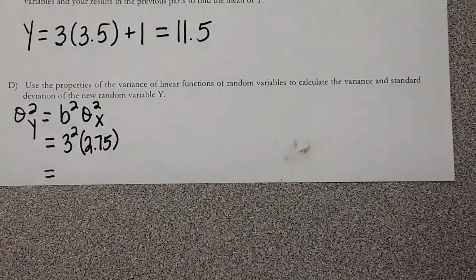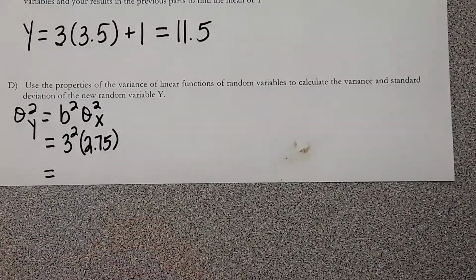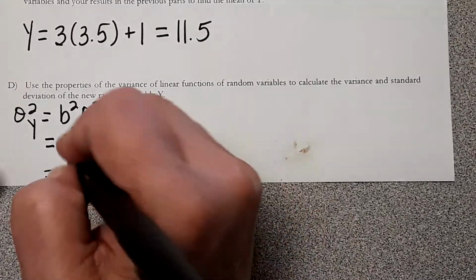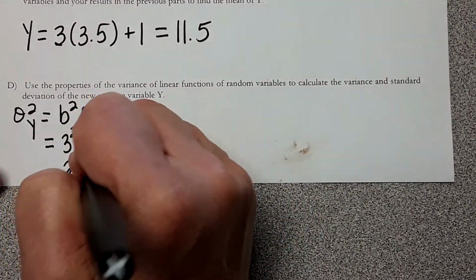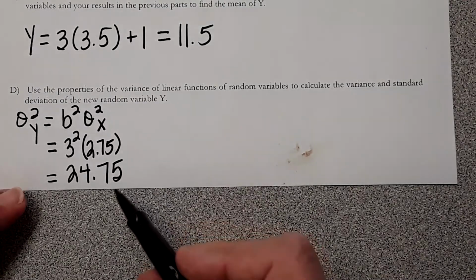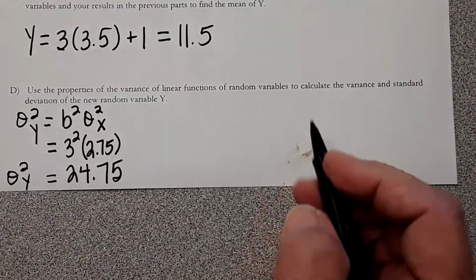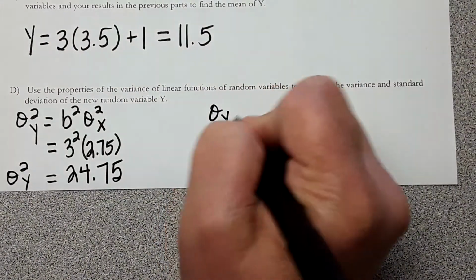And this question is asking us not only for variance, but also standard deviation. So what is our variance if we do 3 squared times 2.75? 24.75. Isn't this fun? It's algebra, right? You guys are like, no, it's not fun. I get it. Okay, so that's our variance. I want the standard deviation as well.